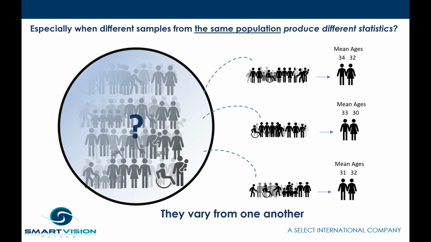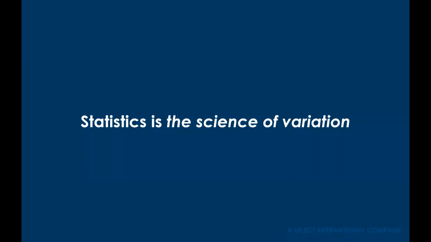So how do we start to make inferences about what the true values are, what the parameter value is in a population, when our sample statistics are likely to vary? Well, the fact is that variation is critical here. Statistics is the science of variation.